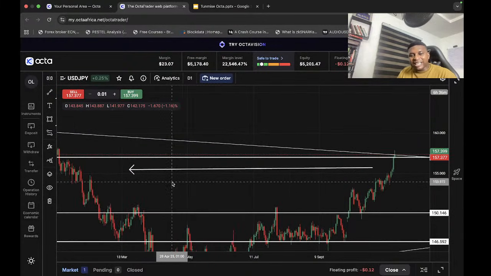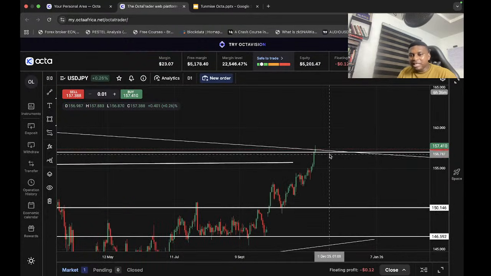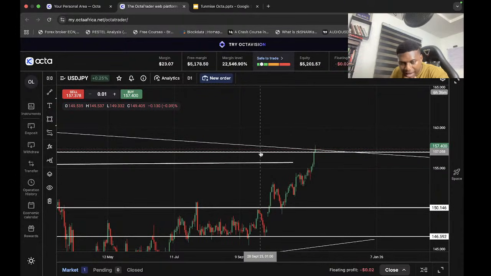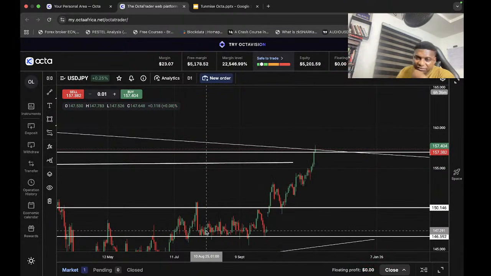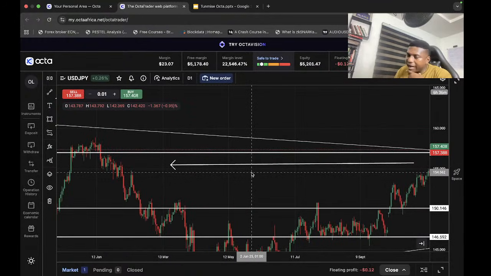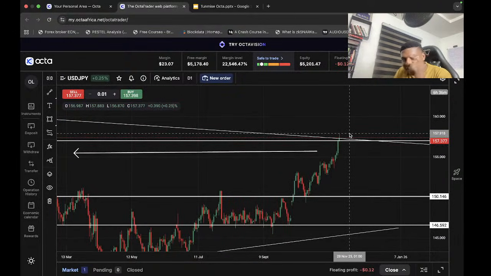Now this indicates that at this level there would have to be a reversal, because there is too much room to the left. The last 12 candles, the last 20, 50, 100 candles, none of them has ever gotten to the all-time high. And now price is currently seated at the all-time high.